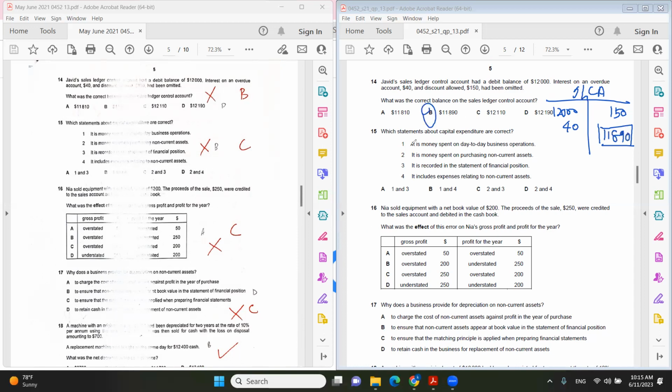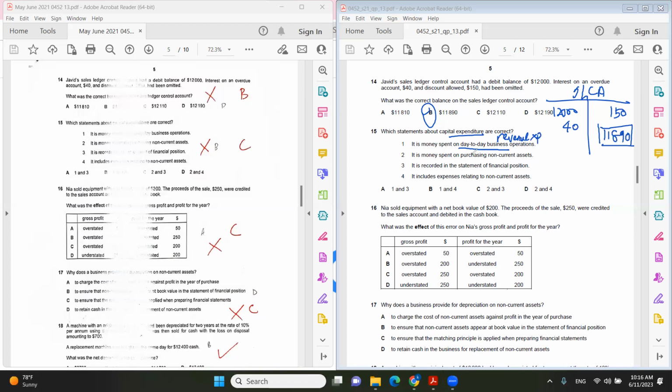Okay. Which statement about the capital expenditure? Capital expenditure is like purchase of the non-current asset, extension of the non-current asset, improvement of the non-current asset, additional capital, borrow the bank loan. All these consider capital expenditure. It is the money spent on the day-to-day, this is a revenue expenditure.